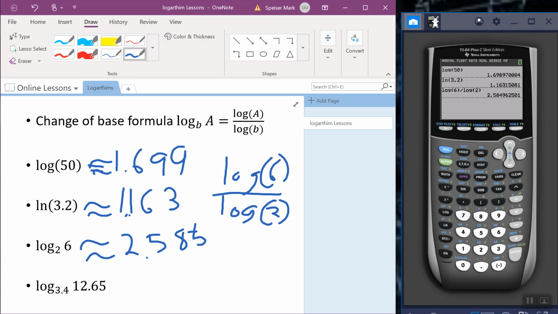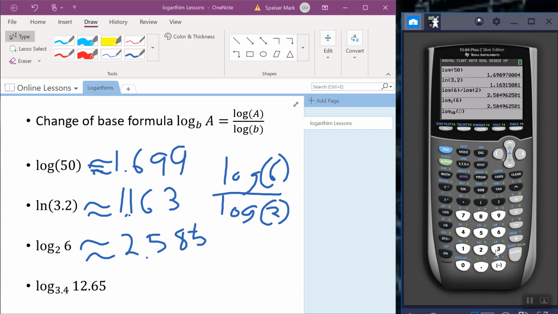Now, if you have a newer calculator, like the TI-84 I'm showing on the screen, you could also hit alpha, then window, scroll down to option 5, which is log base, hit enter, type in exactly the way you see it, log base 2 of 6, and you get the exact same result. More often than not in the video, I'm going to use the log base, alpha, window, option 5.